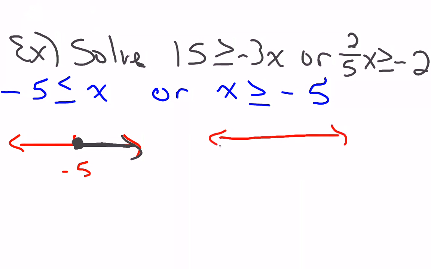Here's negative 5, and x is greater than or equal to negative 5. Again, with the equal sign, we have a solid dot. Greater than means we go to the right. We want to put these together, and notice if I put these both on the same number line, they are the same answer, which is totally fine. So that is our solution.